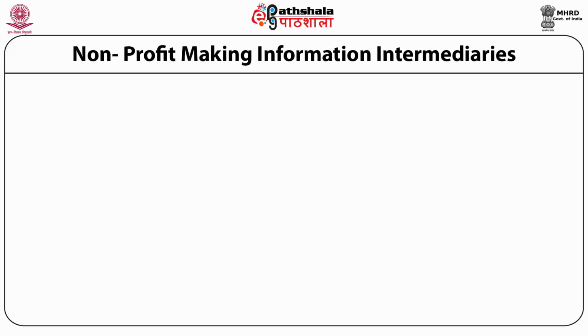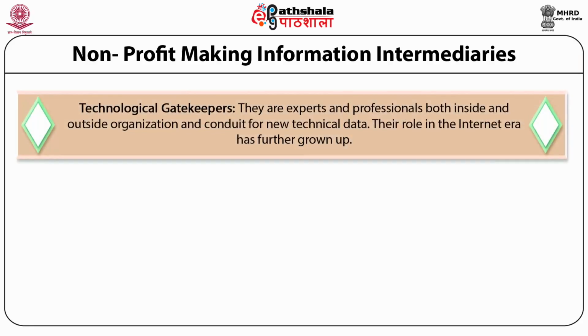Non-profit making information intermediaries include such as technological gatekeepers. They are experts and professionals both inside and outside organization and serve as conduit for new technical data. Their role in the internet has further grown up.